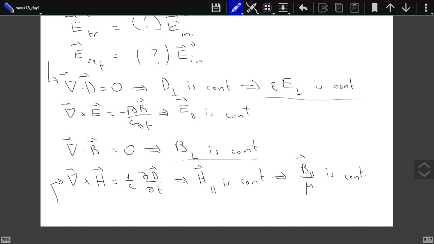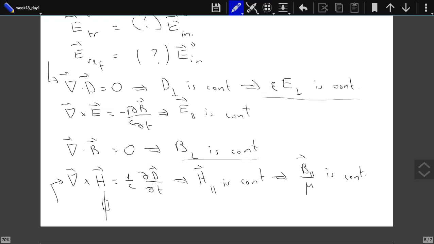Now, how do I obtain H parallel to be continuous? I just took, this is my interface, I assume such a small loop, and integrated both sides over this area. The left-hand side becomes the loop integral. The integral of the curl of a vector field over an area is nothing but the integral of the vector field around the boundary of the loop.